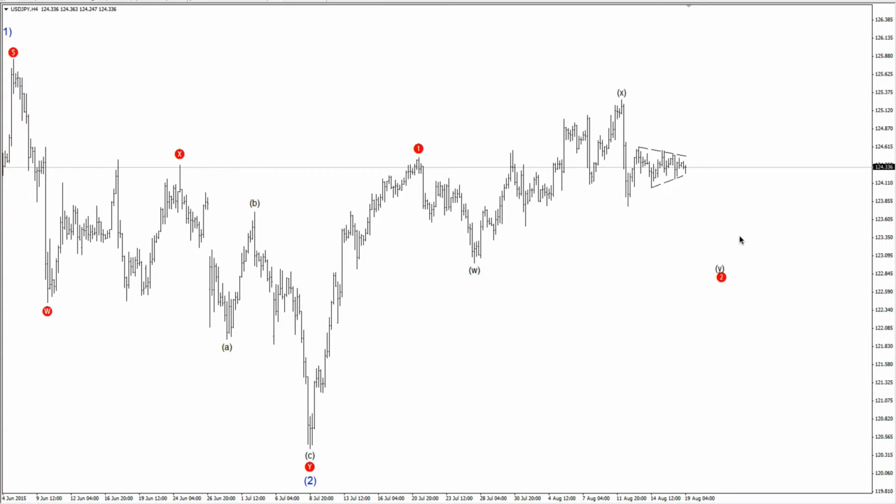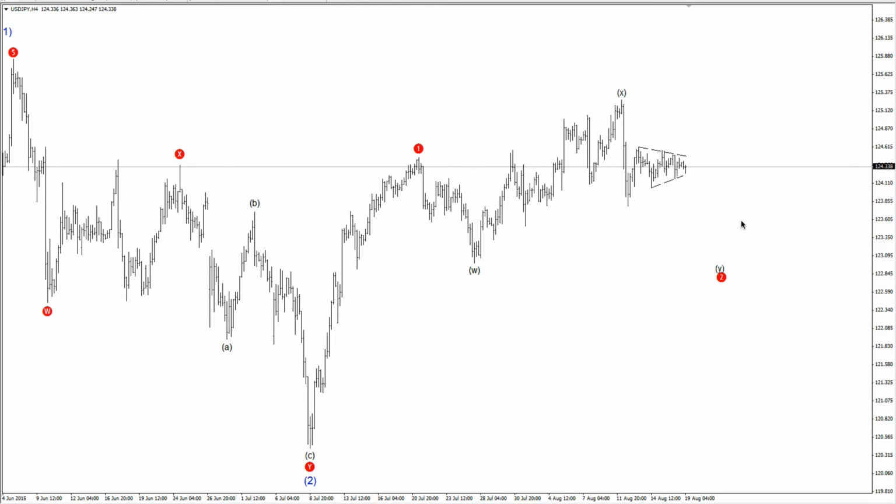Key levels on dollar yen are that the support level is 123.78 on the downside and upside resistance is the previous first wave peak at 124.467.